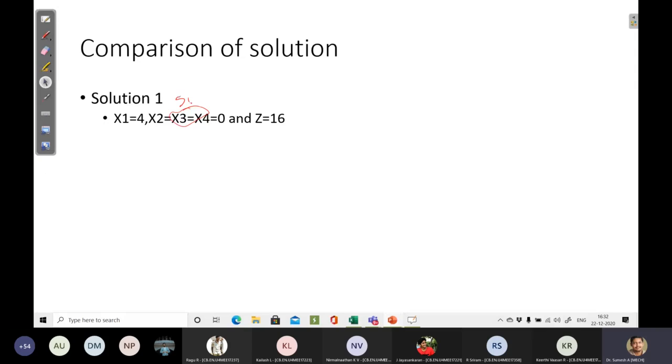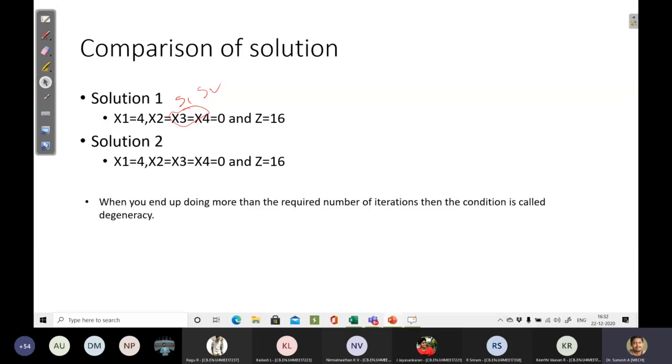Now, when you end up doing more than the required number of iterations, the present condition, whatever we have obtained, that is called degeneracy. Degeneracy is the one where a tie is coming and you are ending up with the same results in two iterations.